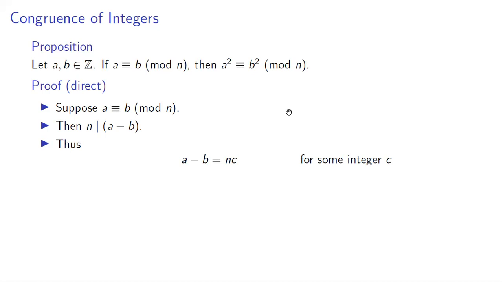Now, we are trying to prove that A squared is congruent to B squared mod n. In other words, what we have to do is prove that n divides A squared minus B squared.